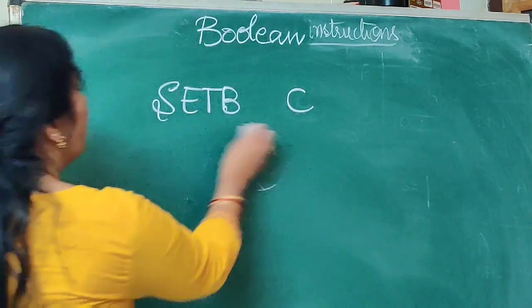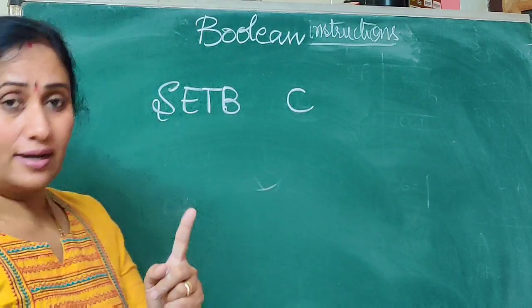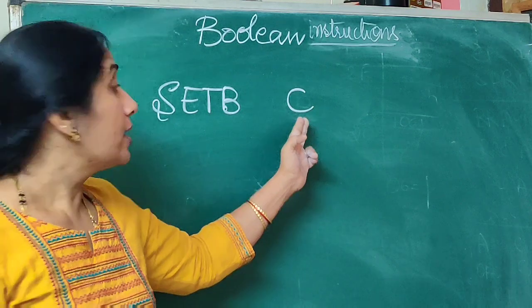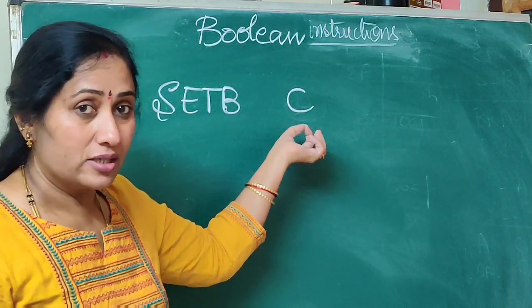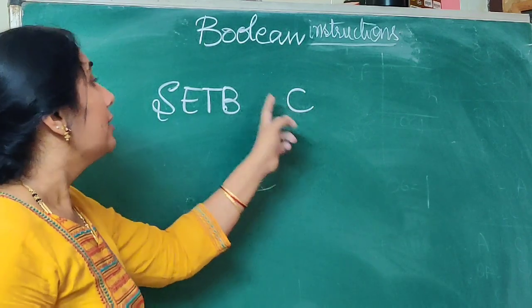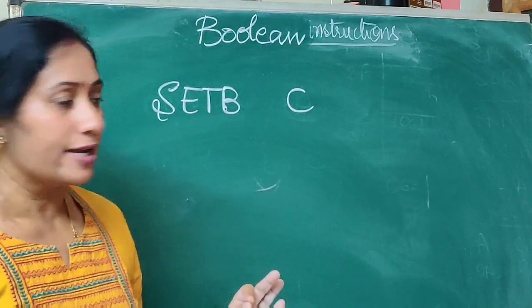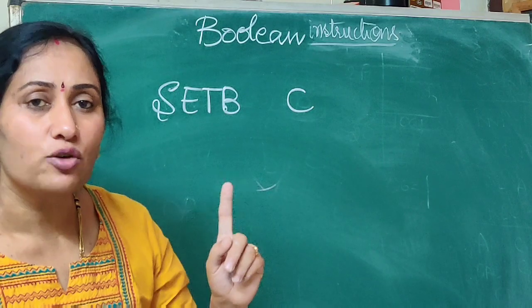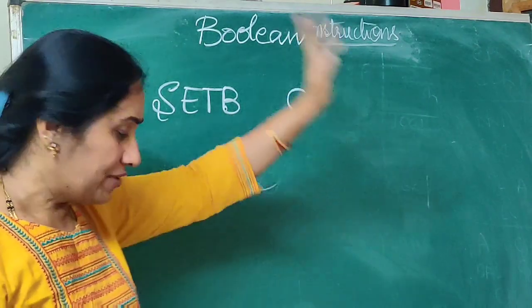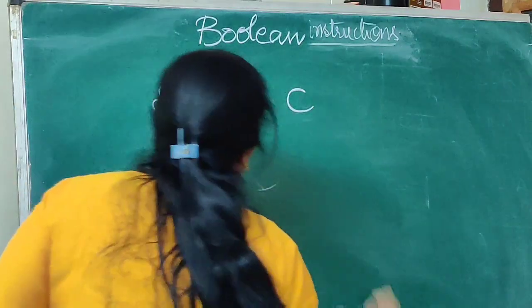Length of the instruction is 1 byte, since I am specifying over here the bit register name, that is C, the flag bit C. The type of the addressing mode is register addressing mode, and the length of the instruction is going to be 1 byte. Which flag is going to get affected? That is the carry flag is going to get affected.